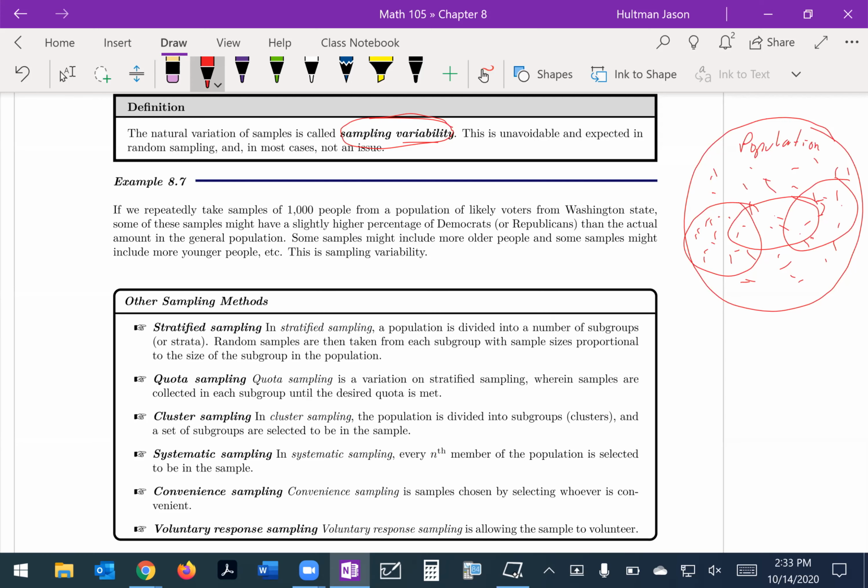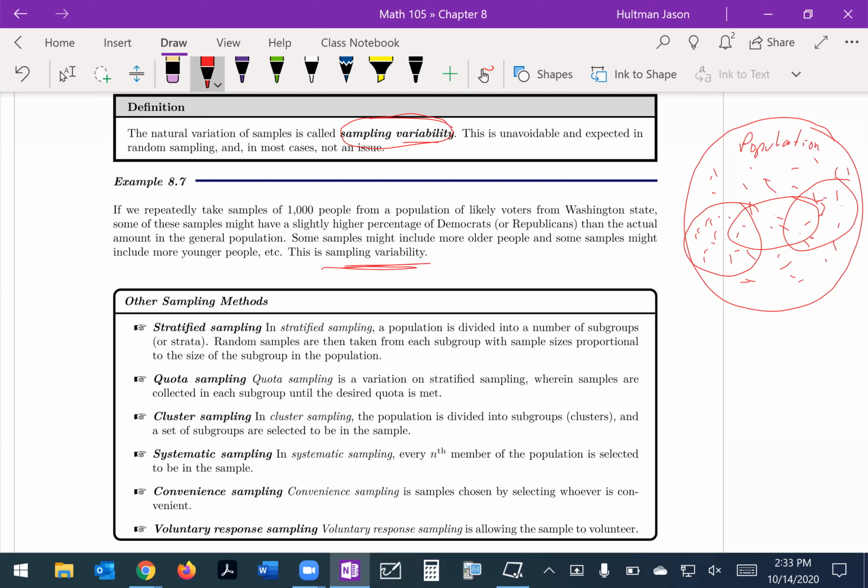Example 8.7: if we repeatedly take samples of 1,000 people from a population of likely voters from Washington state, some of these samples might have a slightly higher percentage of Democrats or Republicans than the actual amount of the general population. Some samples might include more older people and some might include more younger people, etc. This is sampling variability.